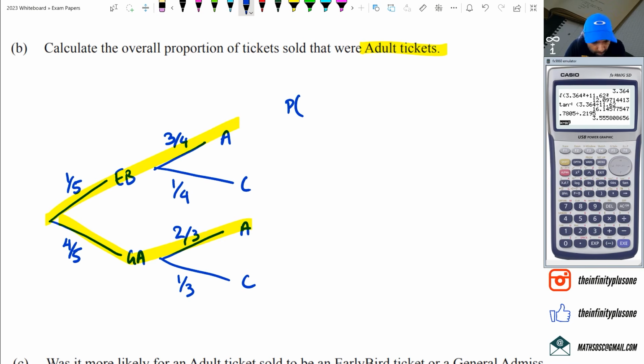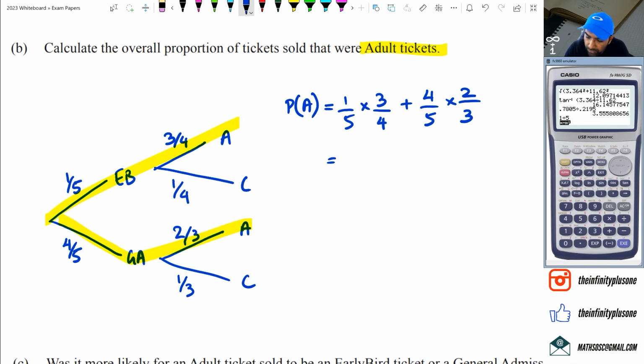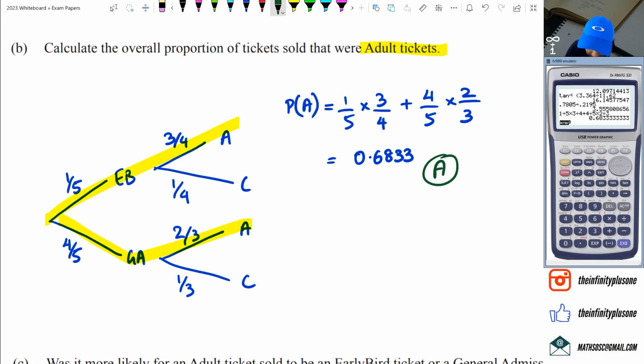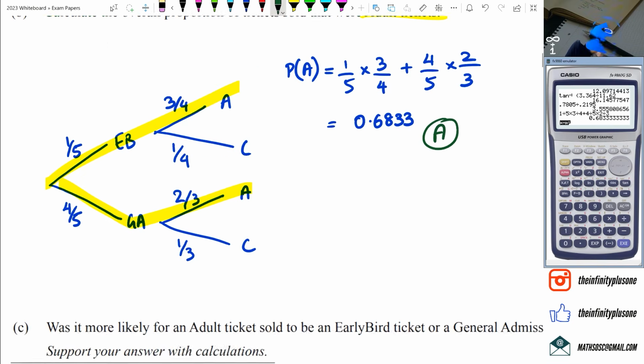So we're going to say that the probability of adult is 1/5 times 3/4 plus 4/5 times 2/3. That's going to give me 0.6833. And this question is worth an achieved. Cool, next one here.